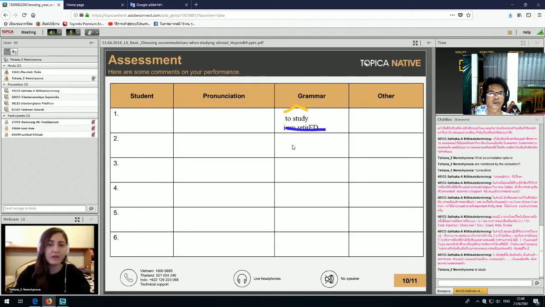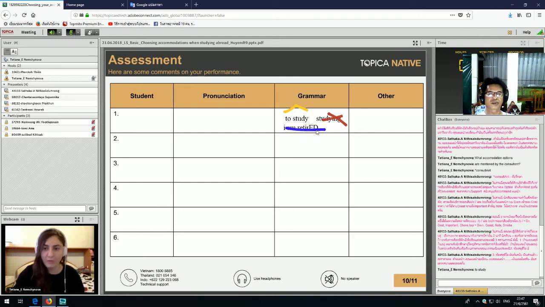If we use this part to, after that you cannot use gerund or anything like that. You must use infinitive. You cannot say to studying. That will be no sense. So you will just say to study.